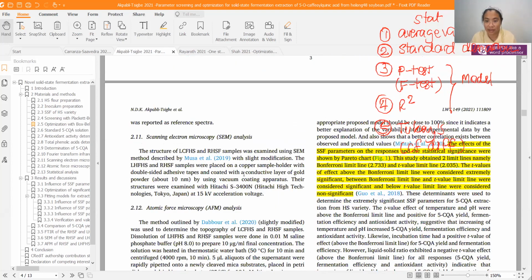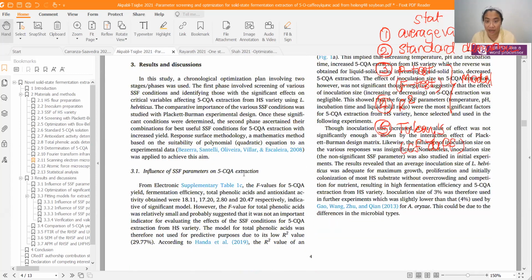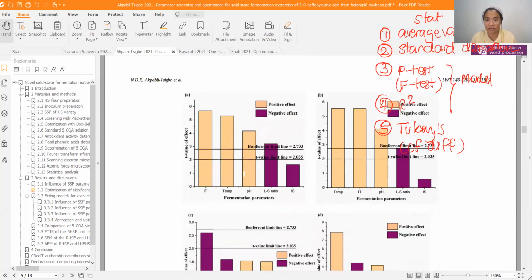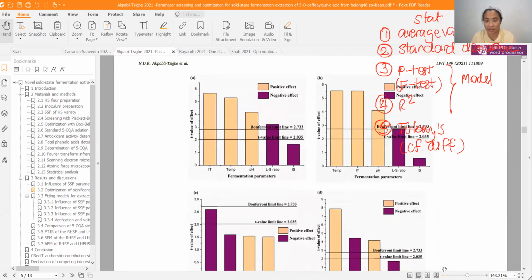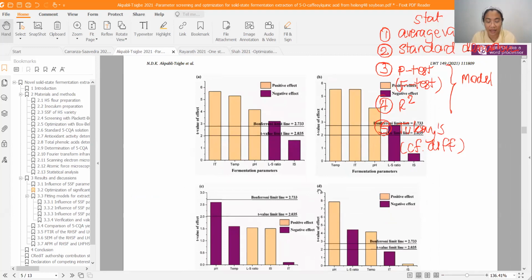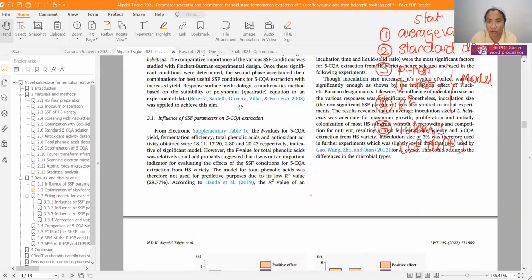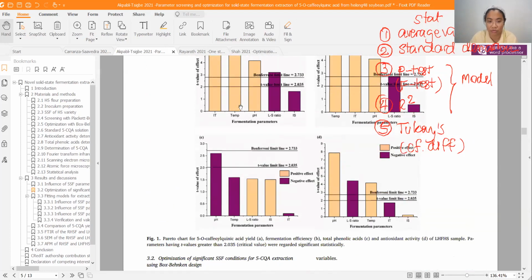So in the first stage, they are using the stat from the beginning. Normally in Plackett-Burman design, you are trying to see which factor is significant. Normally they give tables, but in this study they don't use a table, they use a graph.